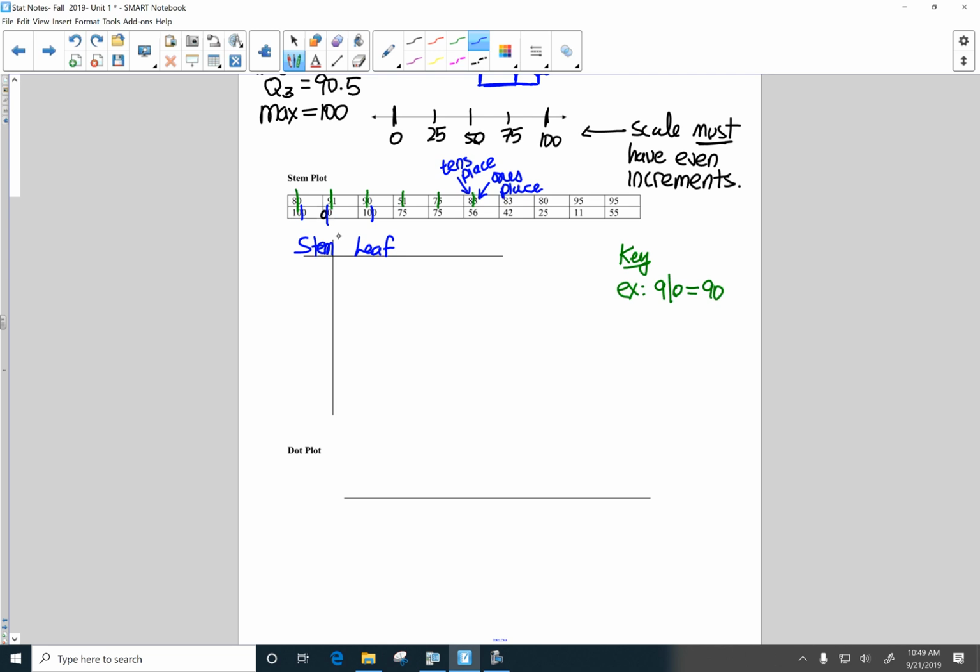So the stems are going to be the list of stem values, left sides, going from the smallest stem to the largest stem. All right. So what we have here, that's my smallest stem. And right here, I have my largest stem.